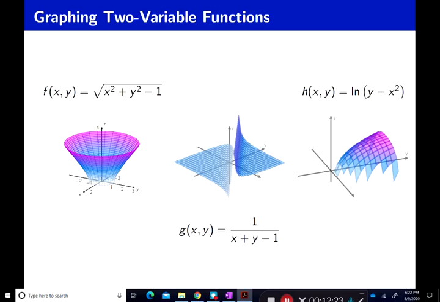And that's something to consider. It all relies on the knowledge of Calculus 1 to understand how the graph looks like in Calculus 3.